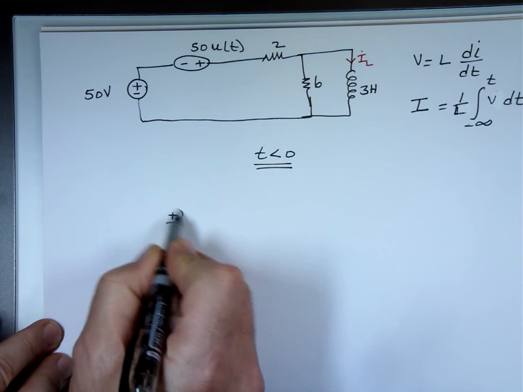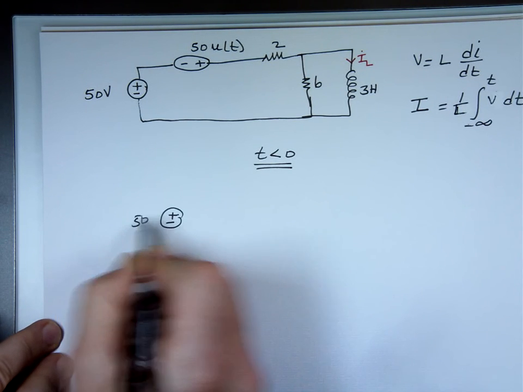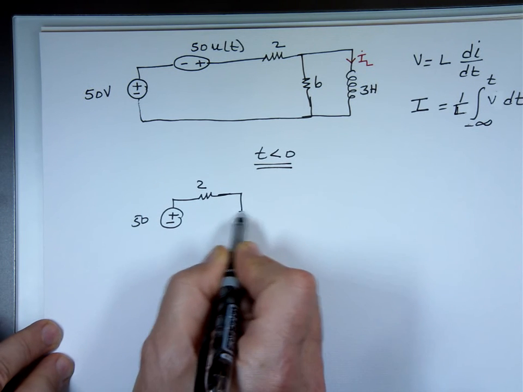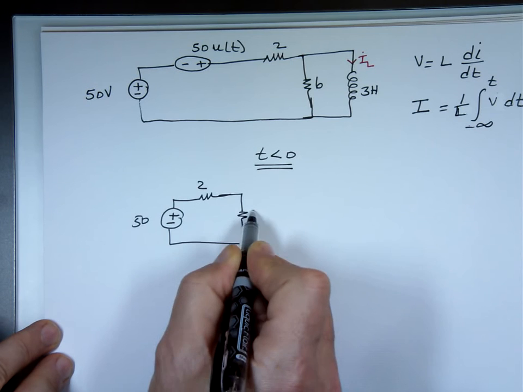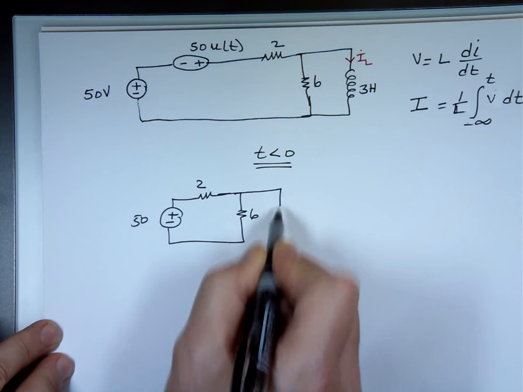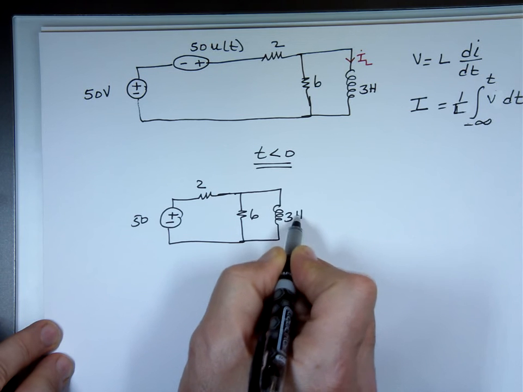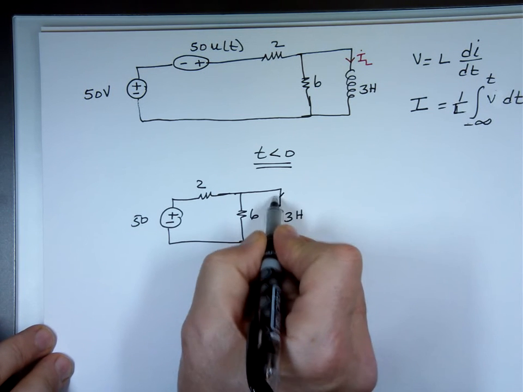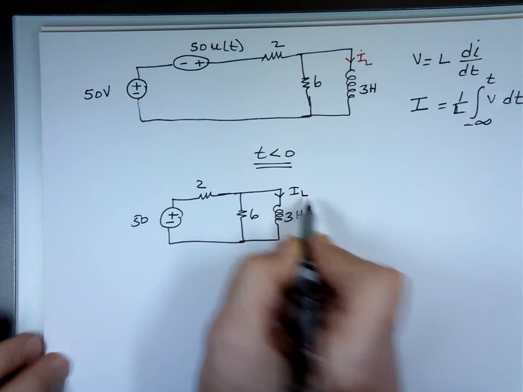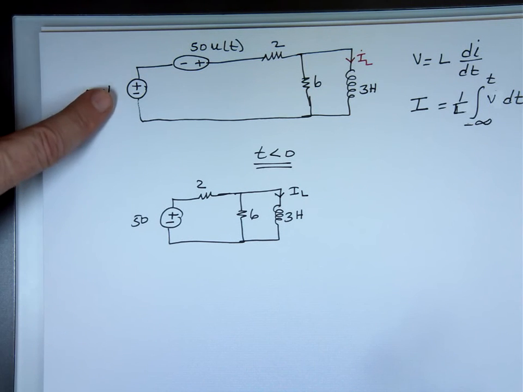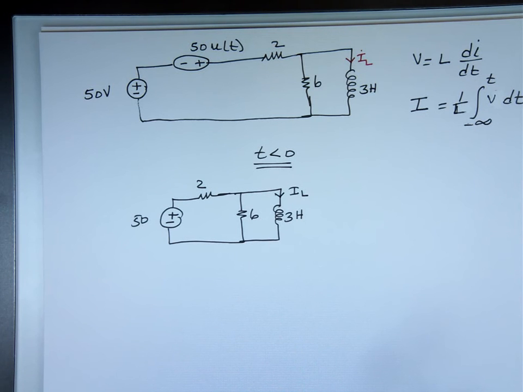And you have a 50, 2, 6, 3 Henry, and I'm looking for the current. And I'm assuming that this source has been here for a while. If that's the case, what's going to happen to the inductor?